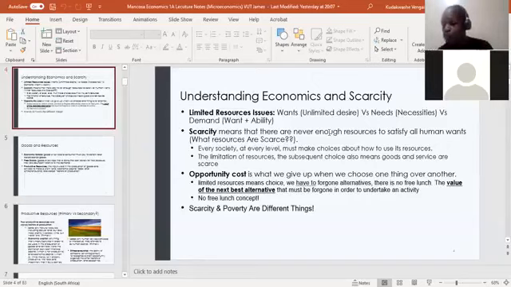So let's go back to my example. Let's just change it. Let's say I want to buy a printer and a television set. Those are the 2 things that I want to buy.